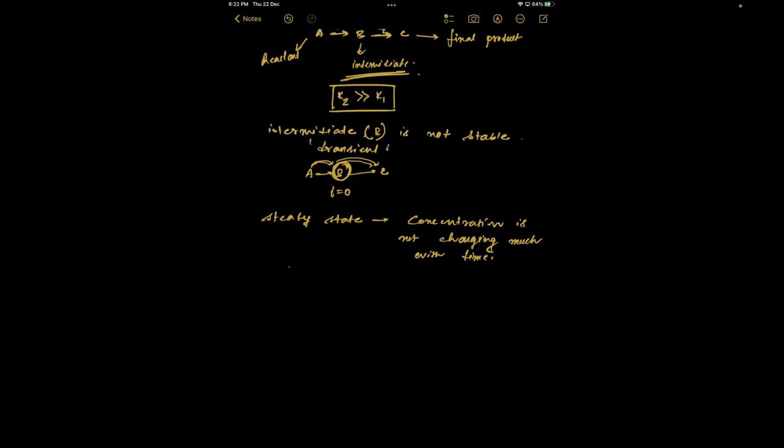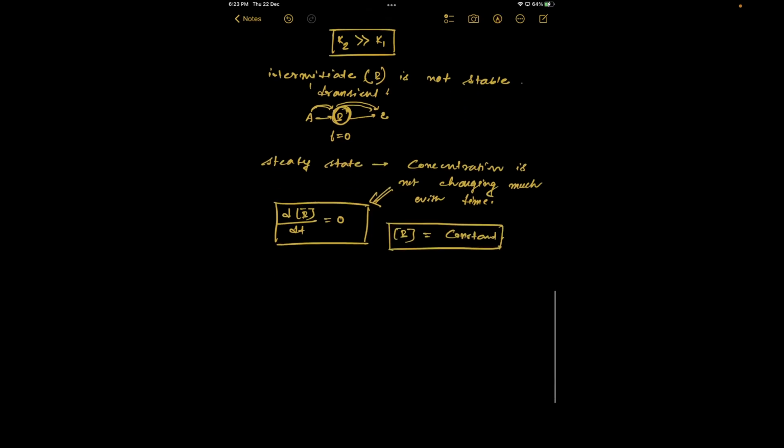That means we can say that the derivative of the concentration of B with respect to time is equal to 0. This condition means the time derivative of the concentration of B is 0, so the concentration of B is constant, right? So this is the steady state approximation.